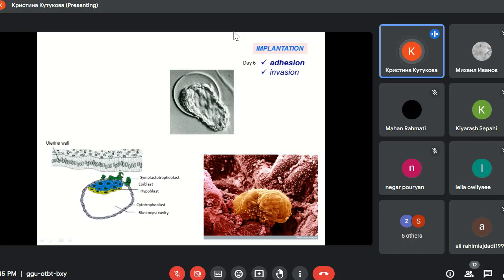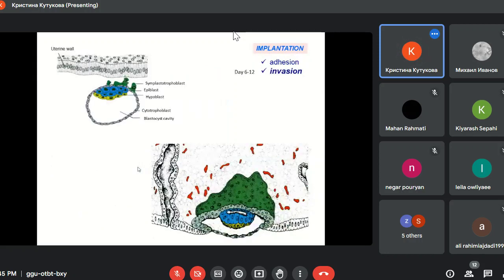And also symplastotrophoblast is responsible for the first stage, the adhesion stage of implantation, for attachment of the embryo with the epithelium of the uterus with the help of specific receptors. The next stage, invasion, starts from day 6 up to day 12, and during this, symplastotrophoblast releases enzymes which break down the tissue of the mother, and the embryo goes inside this tissue.